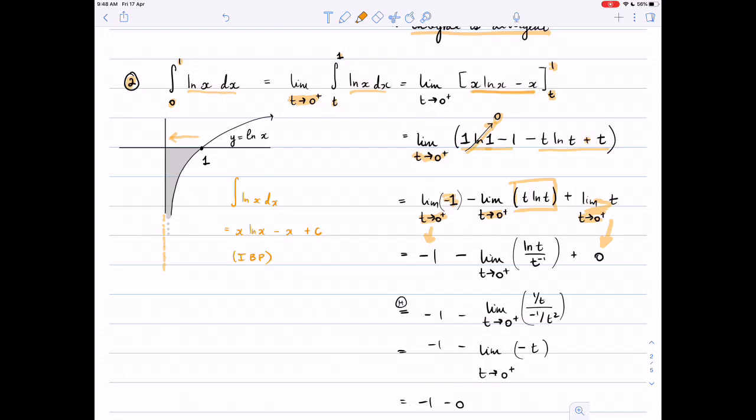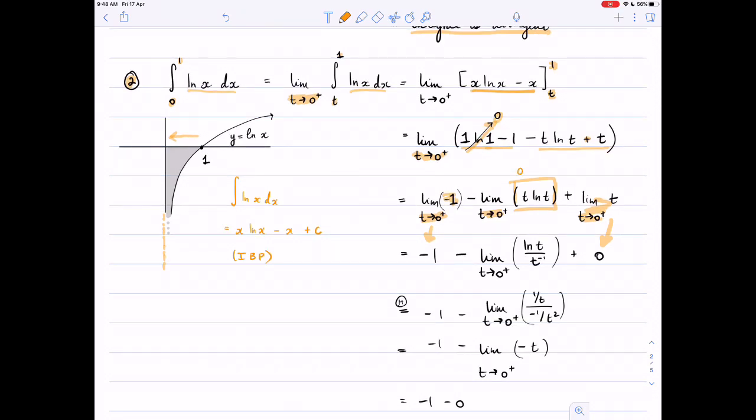It is this middle one which is going to give me a little bit of a problem, because this is an indeterminate form. This is form 0 times infinity. And you will remember, 0 times infinity, an indeterminate form, means that you need to do some more work, algebra, L'Hopital's rule, to evaluate that.